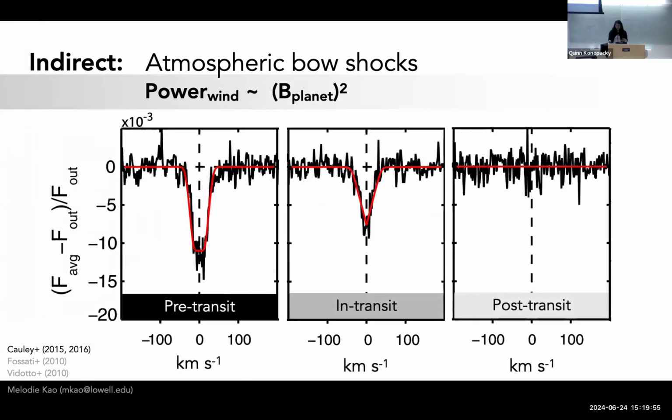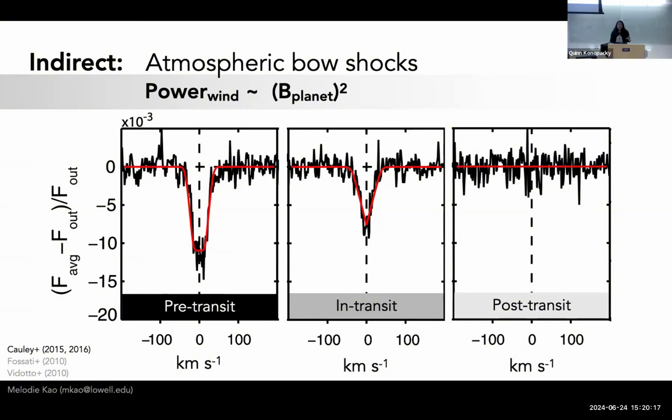And if you can figure out what the timing of that pre-transit bow shock is with respect to the actual transit of the planet, then that can give you a measure of the strength of the magnetic field. And you can kind of imagine that if it precedes the actual transit by more time, then the magnetosphere is bigger, and so that magnetic field is stronger.